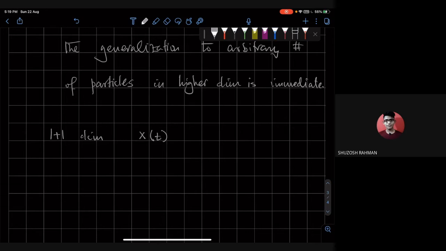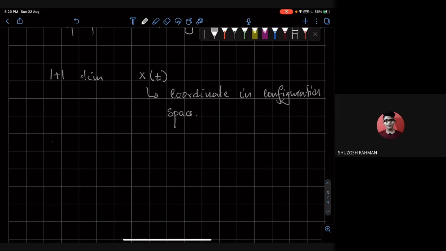So this basically is the coordinate in what in classical mechanics is known as the configuration space.